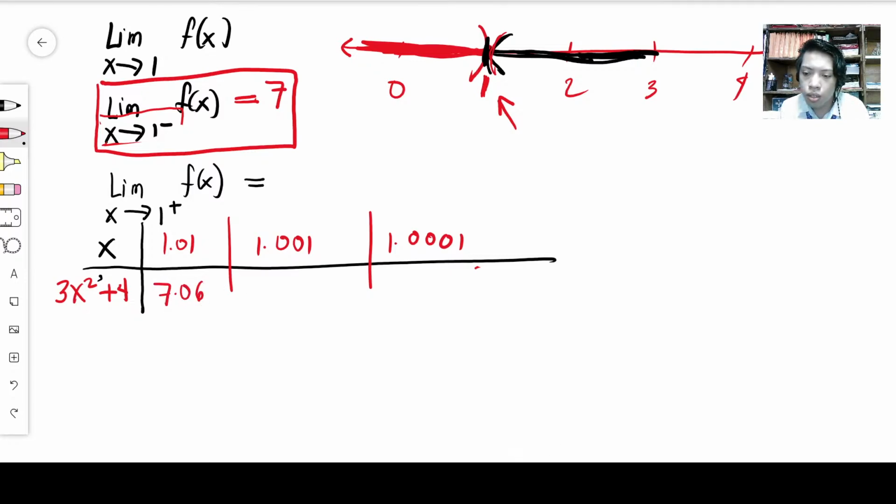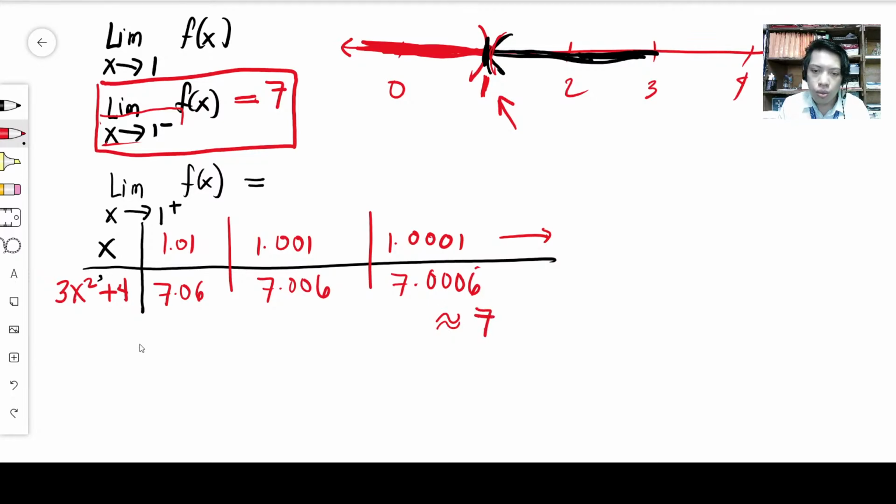When you solve the function when x is equal to 1.001, this is 7.006, and this is 7.0006. This will eventually reach 7.